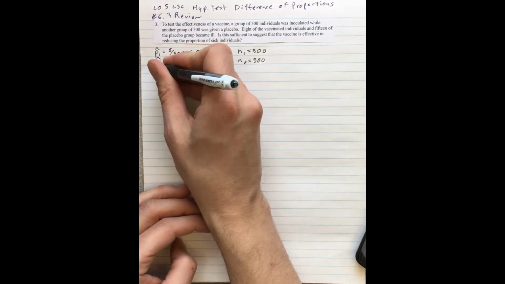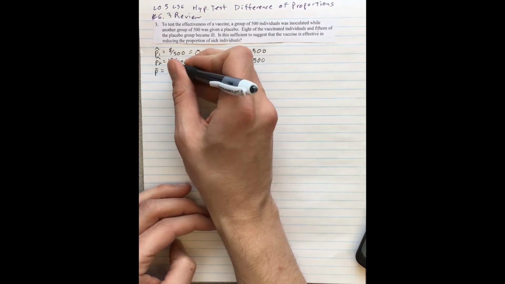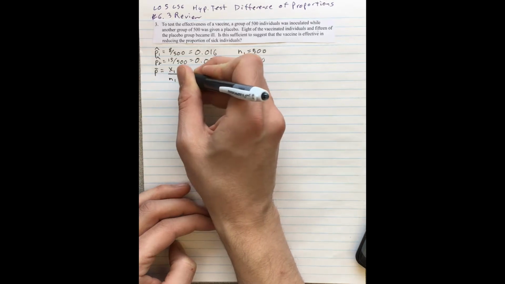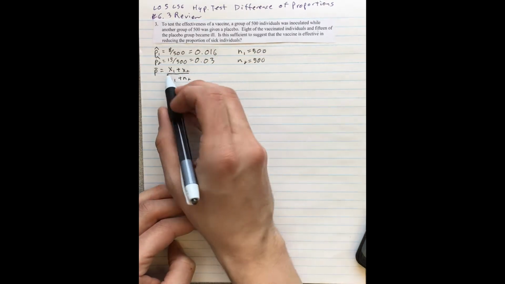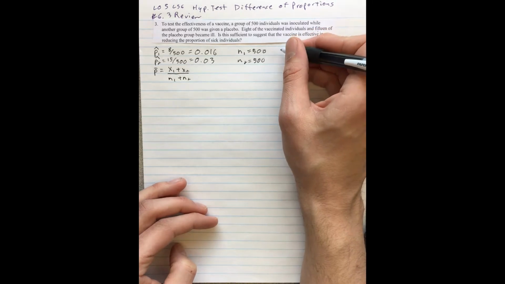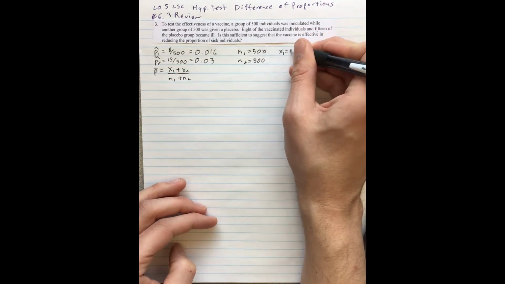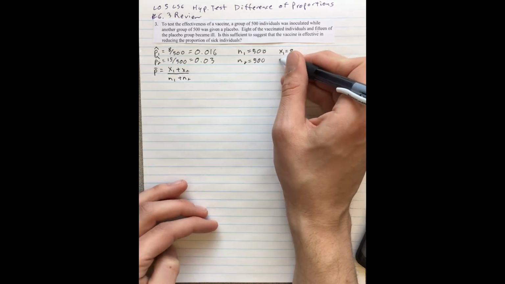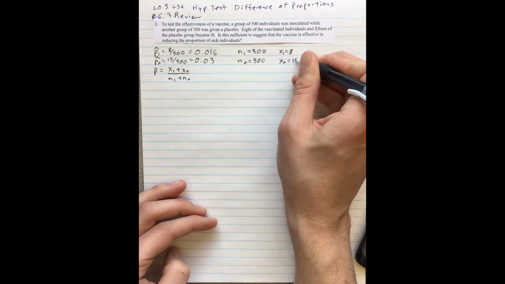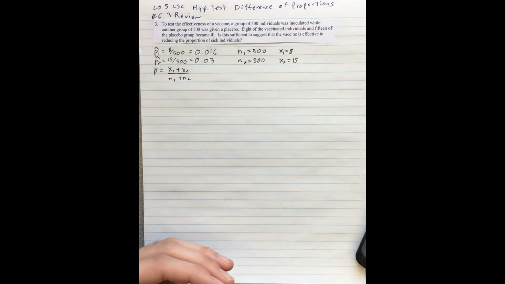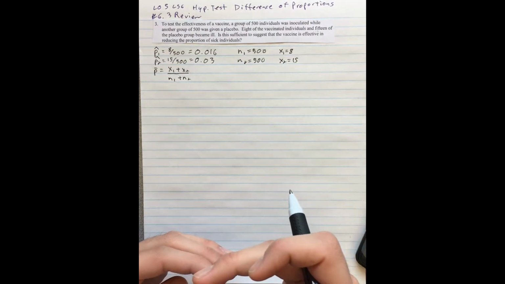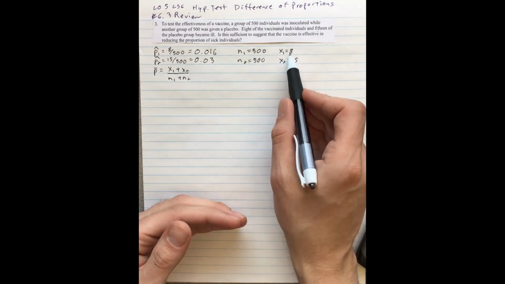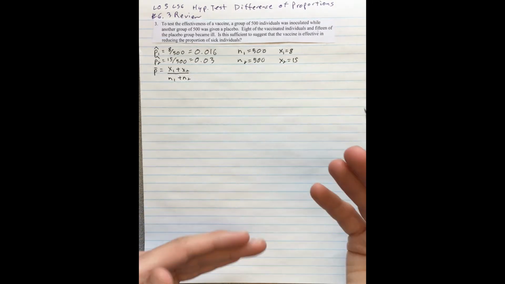P bar is equal to x1 plus x2 over n1 plus n2. Where do we get these x's from? x1 is equal to 8. This is implicit in what I wrote here, though I didn't make it explicit. And x2 is equal to 15, because that's the number of data points in your sample that had the trait you're interested in.